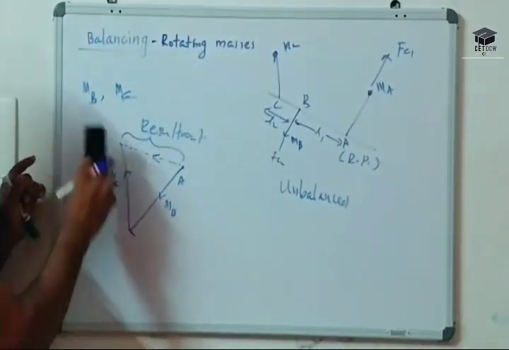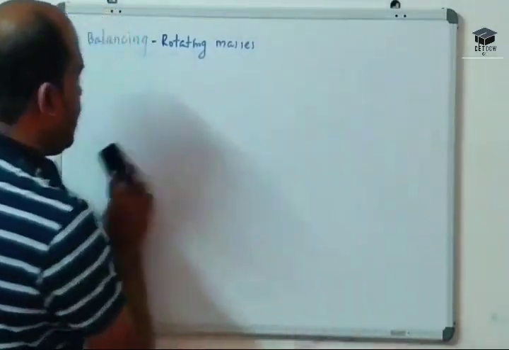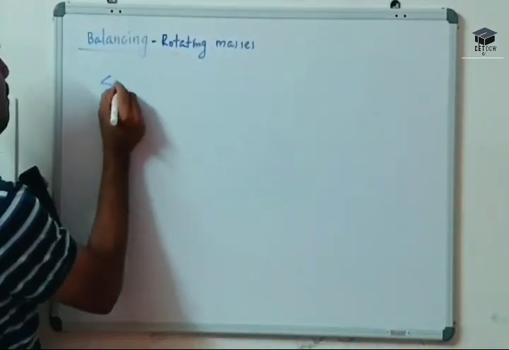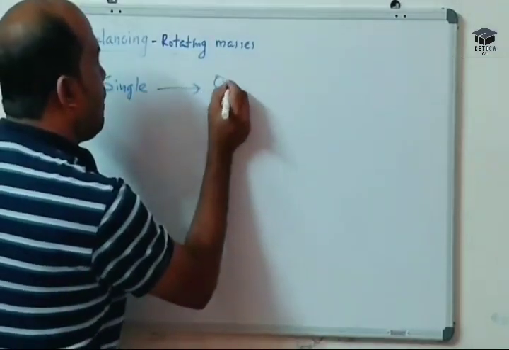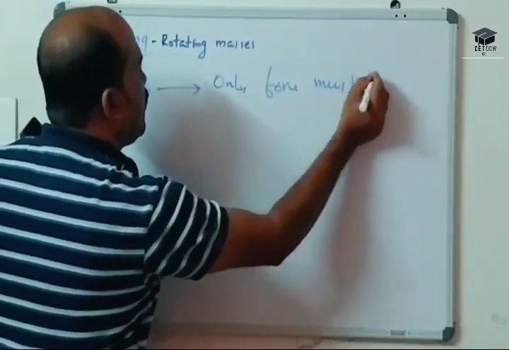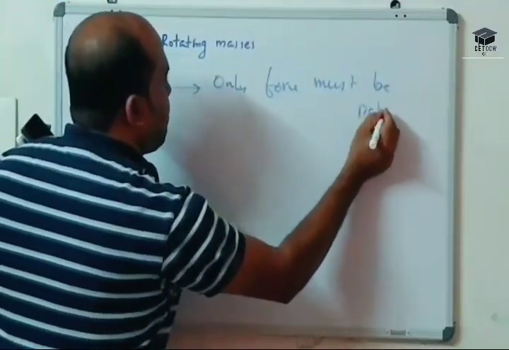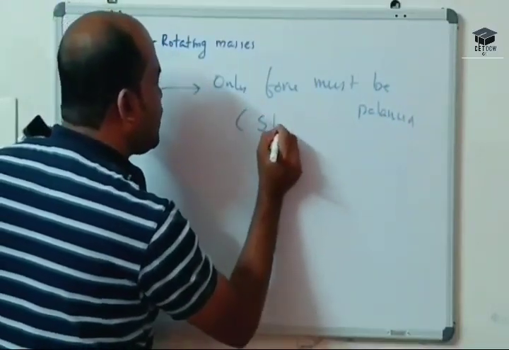Okay. So the point here is, in the case of a single plane, only force must be balanced. And that kind of balancing is called static balancing.